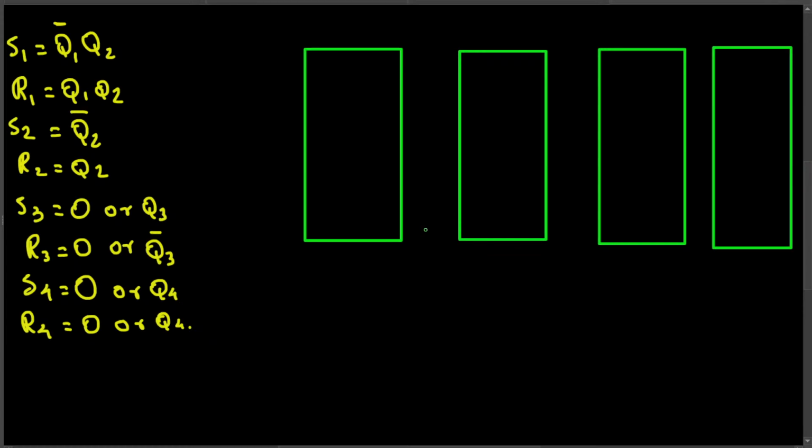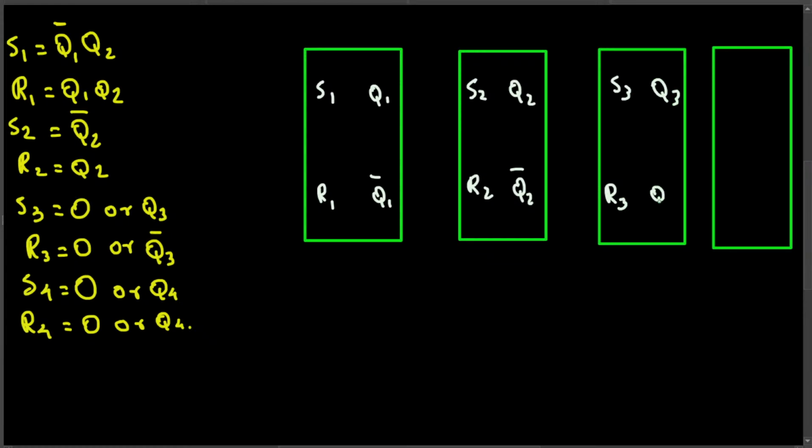This is S1, this is R1, and this one is Q1 and this is Q1 not. S2, R2, Q2, Q2 not. S3, R3, Q3, Q3 not. S4, R4, Q4, Q4 not.